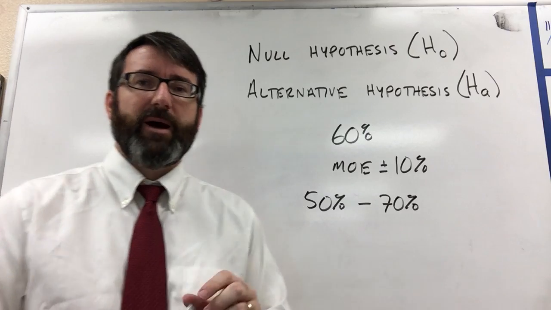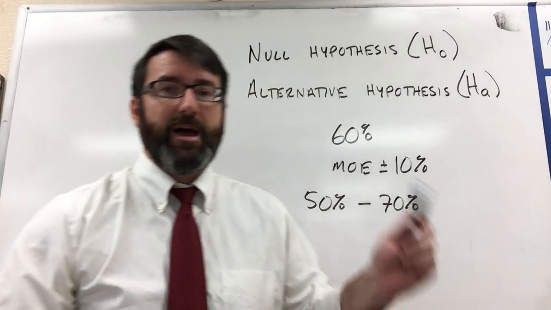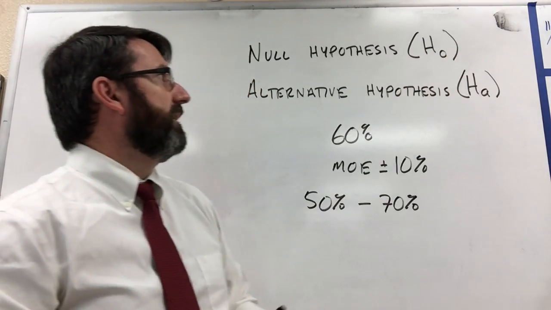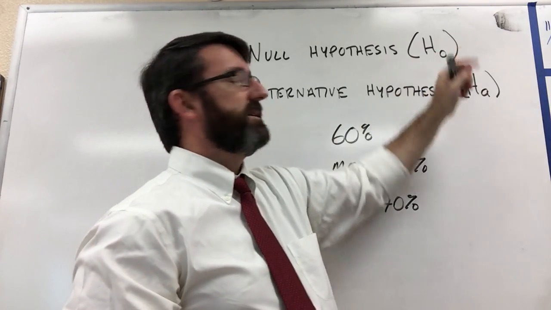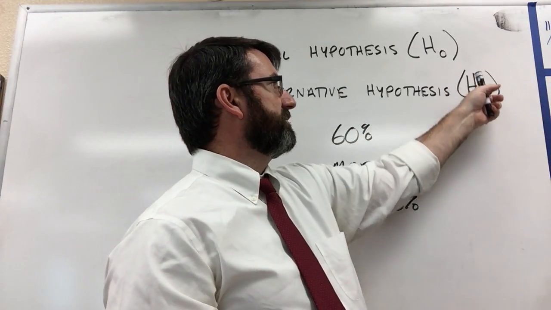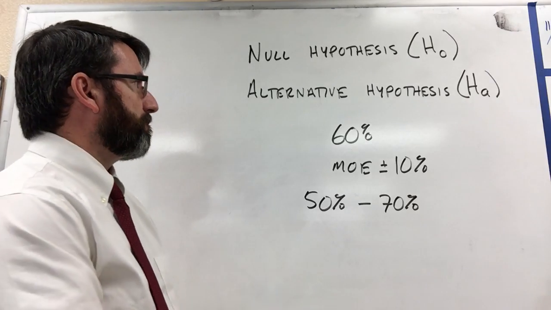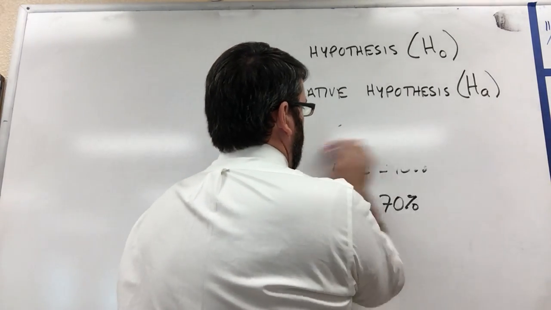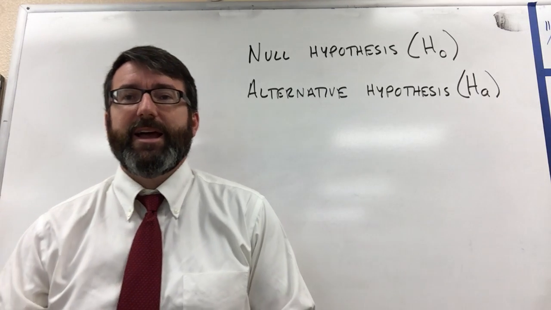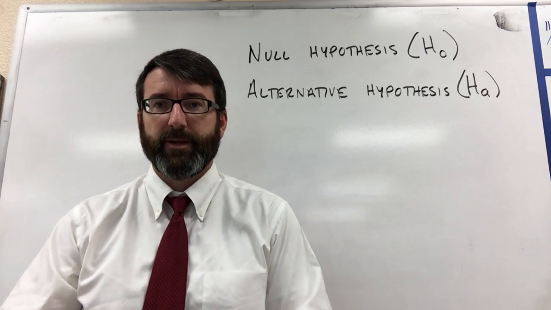So today we're going to talk about two different hypotheses. The null hypothesis, which we're going to call H naught, just H with a little 0 subscript. And the alternative hypothesis, which we're going to call HA, H sub A. All right, so the null hypothesis is that nothing is going to happen as a result of your test or your experiment.